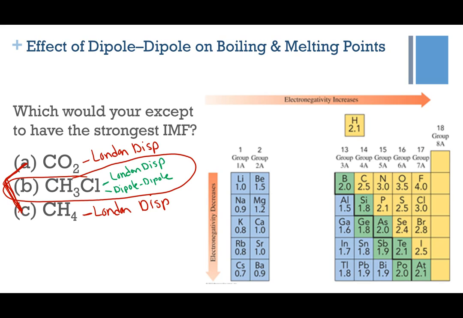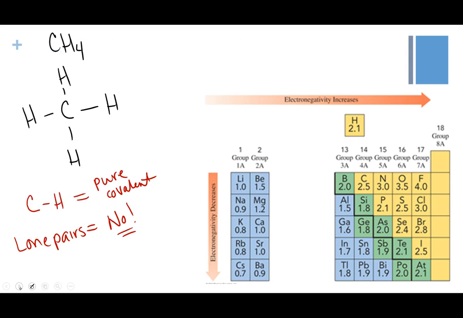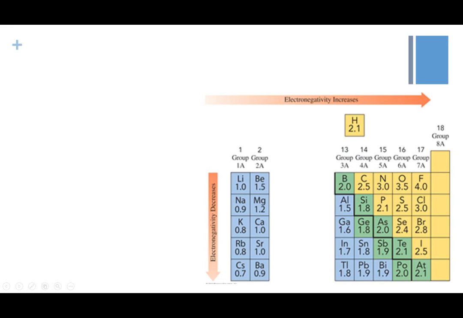So we can look at two things here. We can look at size and we can look at shape, okay? So let's look at carbon dioxide versus CH4. So carbon dioxide was a linear structure.